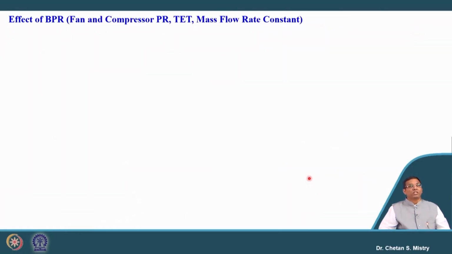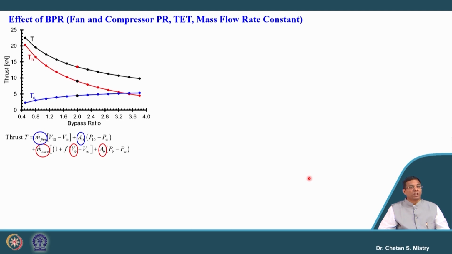Okay. Now, let us take the parameter which is of great importance, say bypass ratio, keeping all the other parameters constant. Here, interestingly, if you observe, with increase of bypass ratio my cold thrust is going to increase, but at the same time the hot thrust is decreasing drastically.